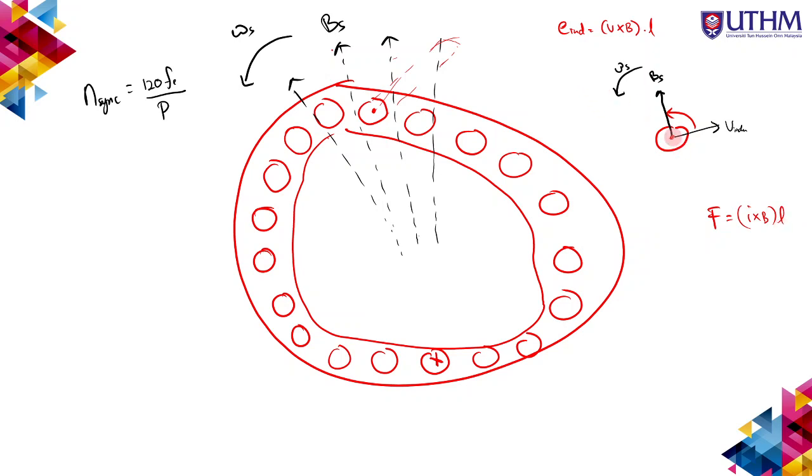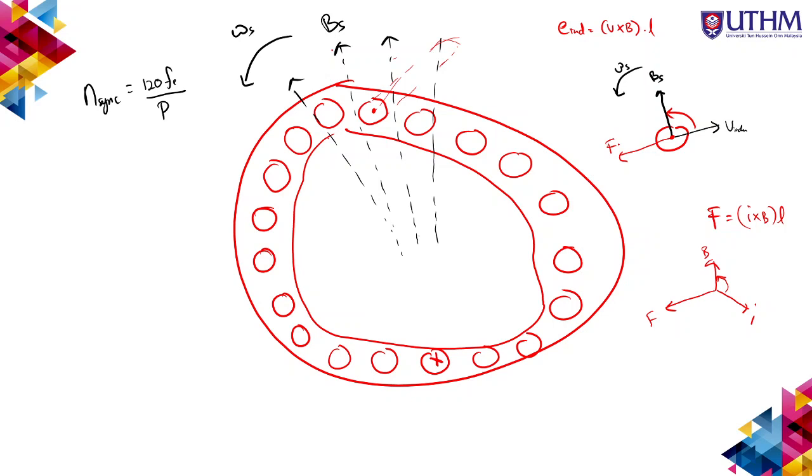So since I is upward, if we do it like this, this is B and this is I. Okay, so cross product I to B, this is the force. Okay, so this direction is the force. So the force will be produced in this direction.